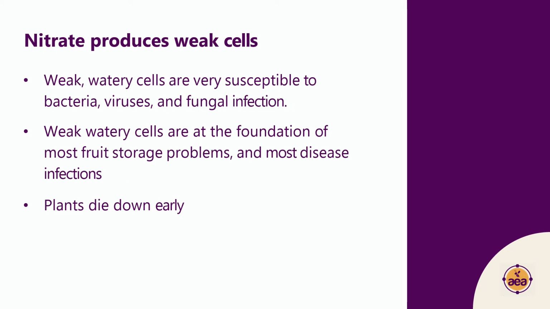In addition, nitrate also produces weak and watery cell membranes that are much more susceptible to disease and insect attack, bacterial and fungal infections, etc. We work with many fruit and vegetable crops that are stored for long periods of time: apples, onions, potatoes, etc. As well as fruit that need to be shipped and hold well: cherries, strawberries, an extensive list.